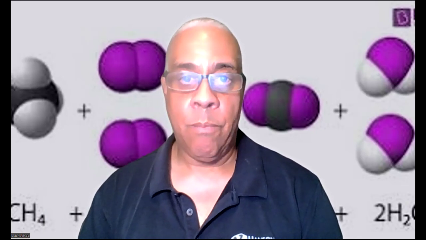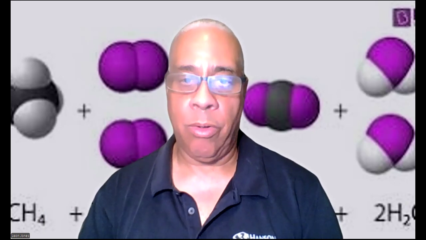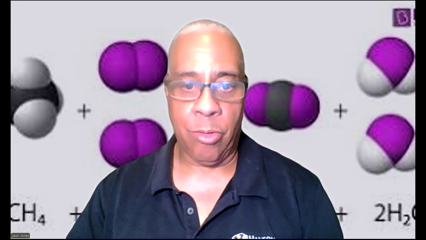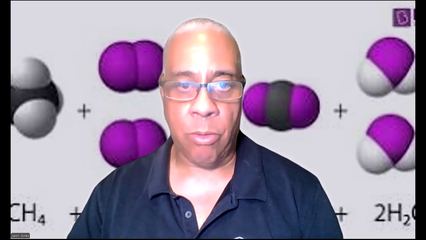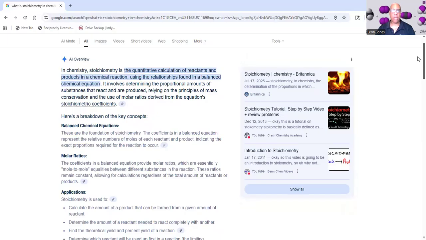But basically, what I have done is give you an overview on stoichiometry. And again, stoichiometry, as I share my screen, you need to know we're basically dealing with a quantitative calculation of reactants and products in a chemical reaction.